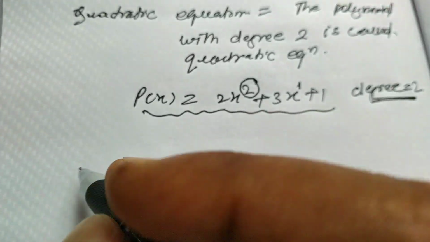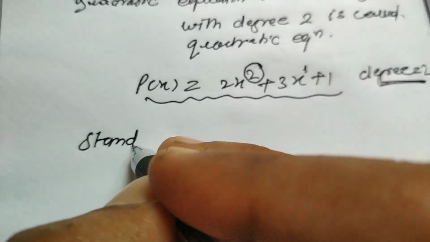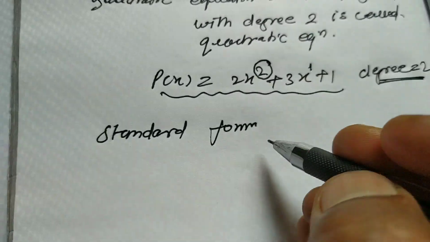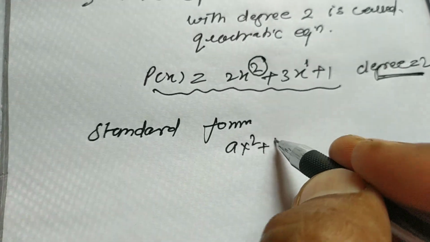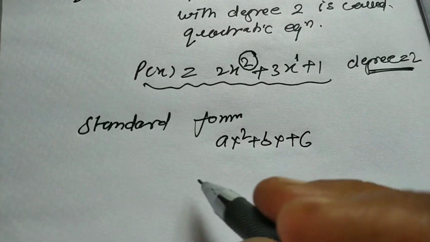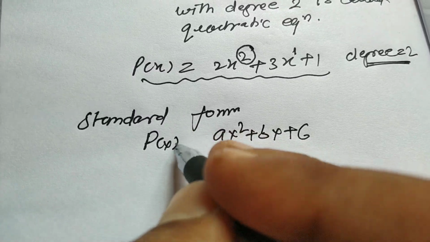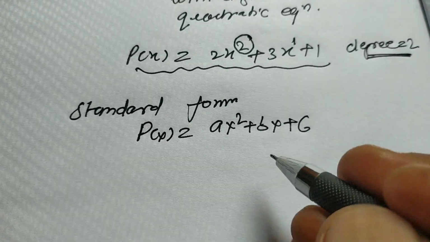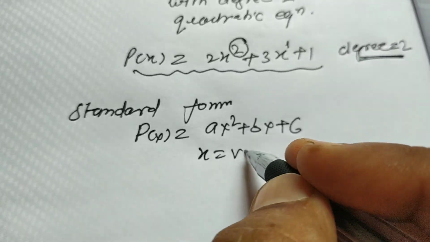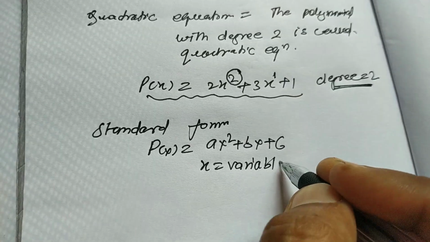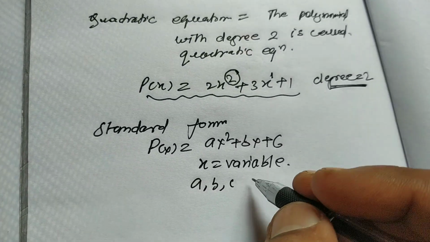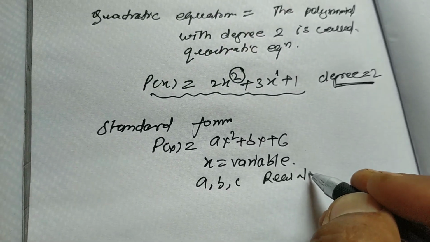Now the standard form of the quadratic equation is ax square plus bx plus c, that is p(x), is equal to 0. Here x is the variable, and a, b and c are real numbers.